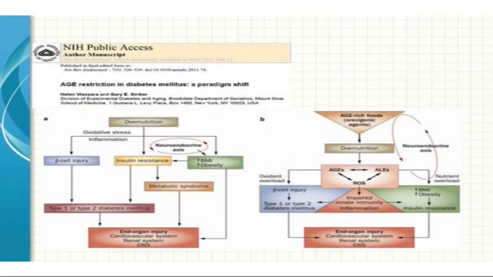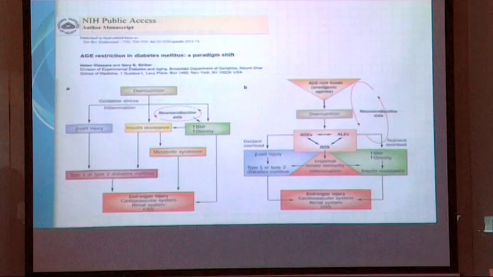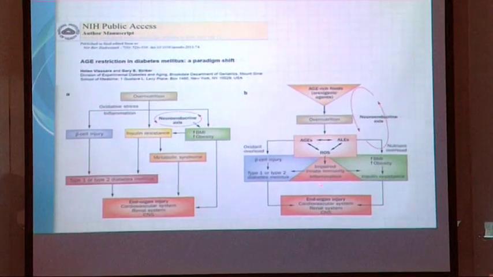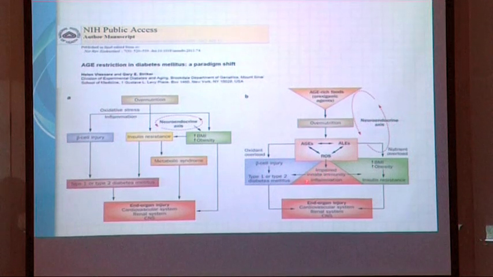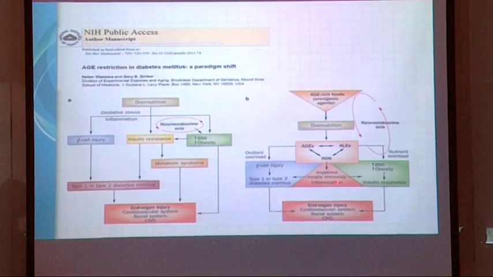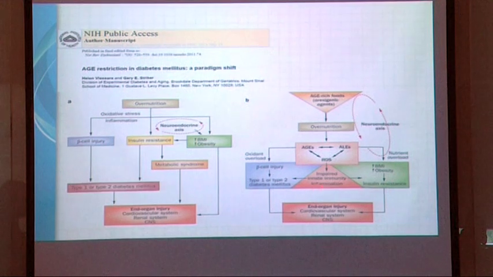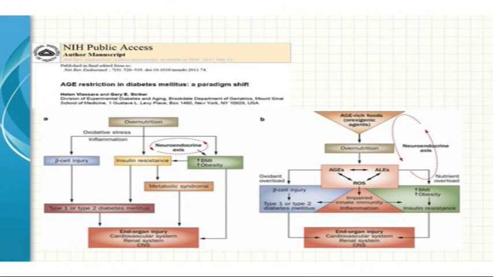Today we think that it is the food we take and the content of these advanced glycated end products which induce an impaired immunity with consequent simultaneous inflammation, and that inflammation causes direct tissue damage in the vessel wall, cartilage, connective tissue, and so on.